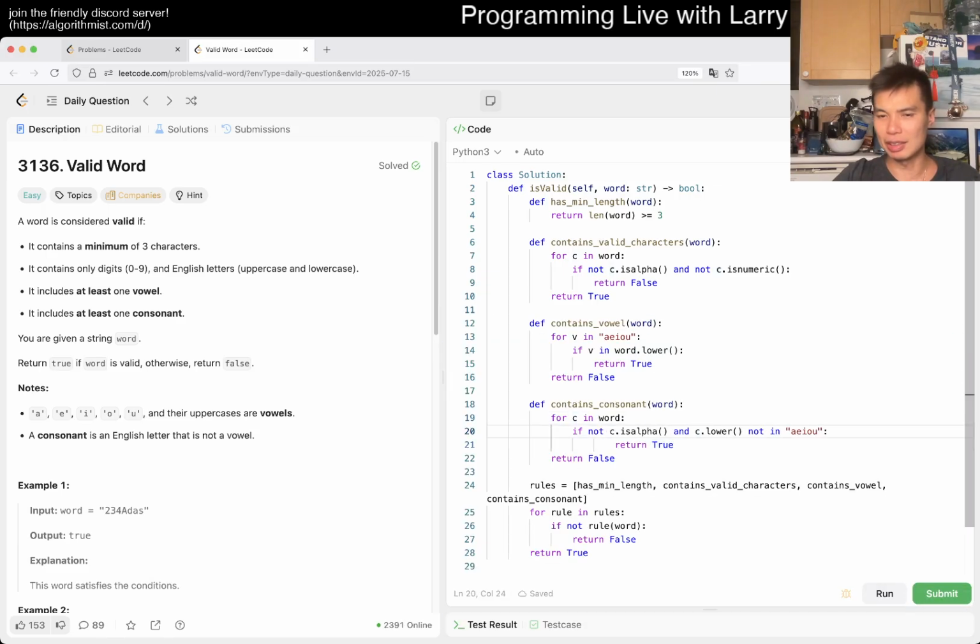I do like to DeMorgan's it in either case. The reason, so then you could do this. Is that right? This looks really wrong for some reason.